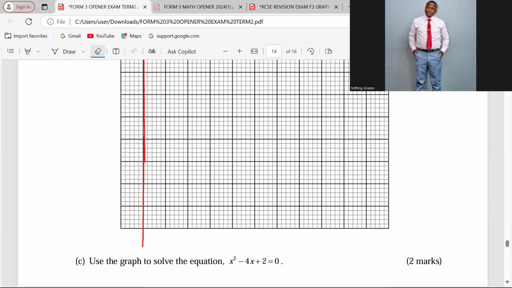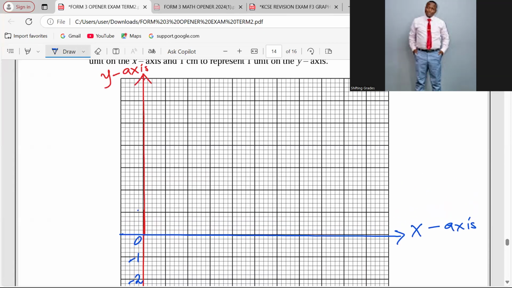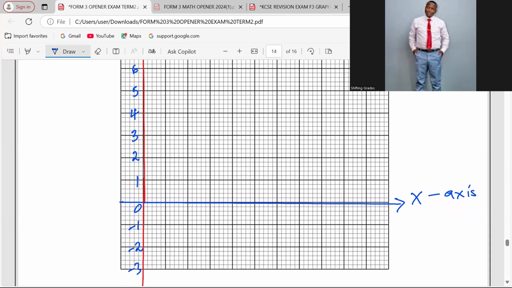So I can put my x-axis now at this point. Starting from 0, I can go -1, -2, -3, then the positive part of y: 1, 2, 3, 4, 5, 6, 7.